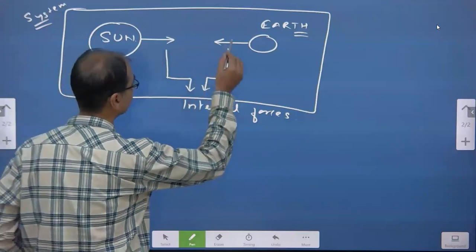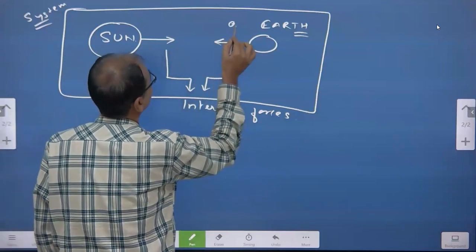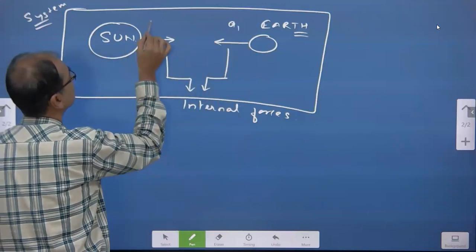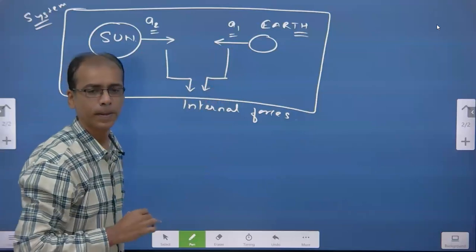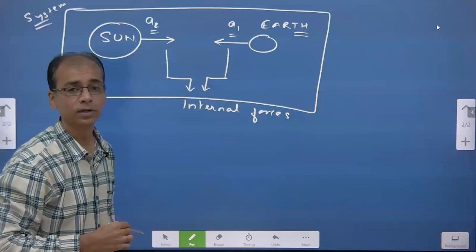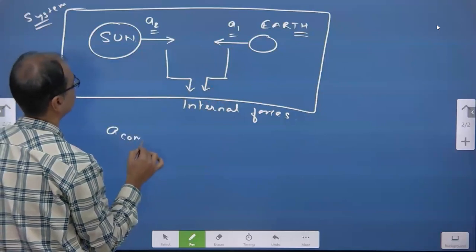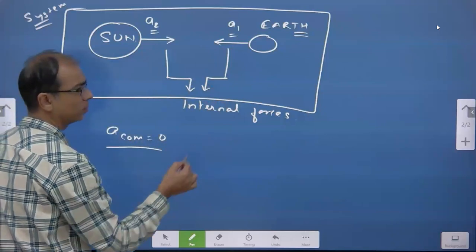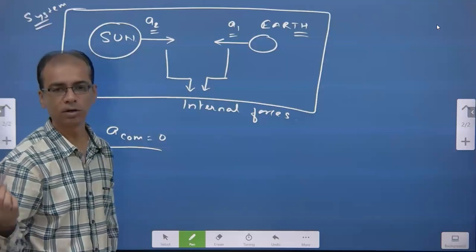Now, because of this, Earth is moving with some acceleration, let's say A1, and because of this, Sun is moving with some acceleration. What is the acceleration of center of mass? It is 0. Why? There is no external force. If external force is not there, then the acceleration of center of mass is 0.